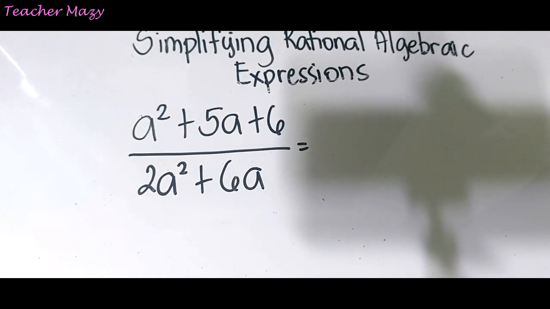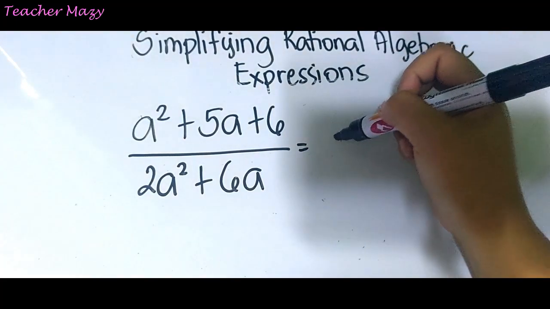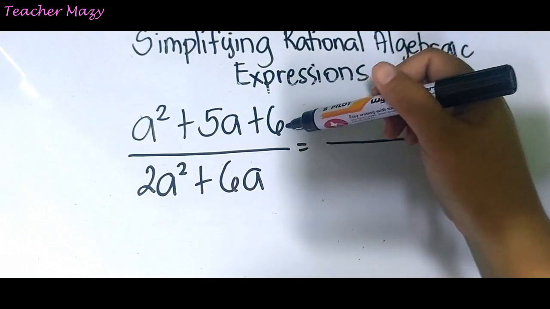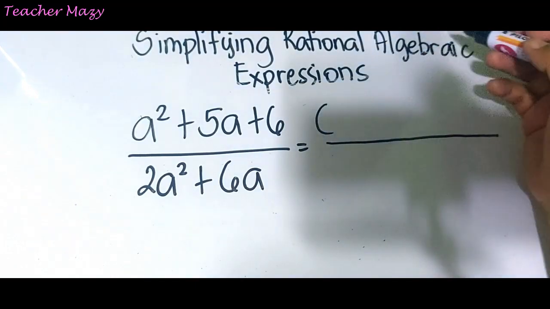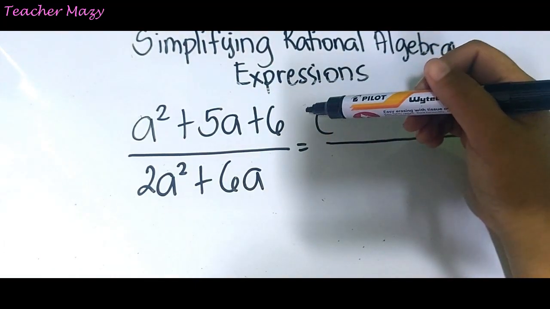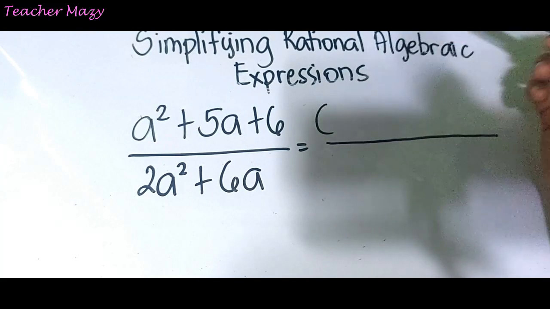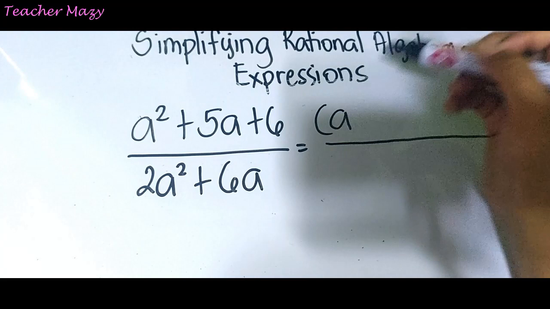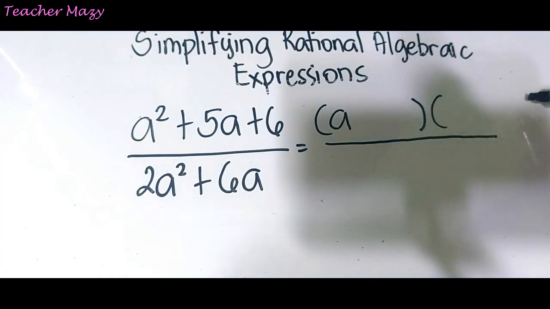Okay, so let's try to simplify this rational algebraic expression here. First, let's use factoring for this one here. If we factor the a squared plus 5 times a plus 6, it will be equal to a and then a.